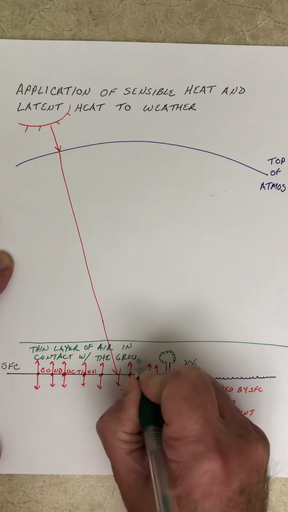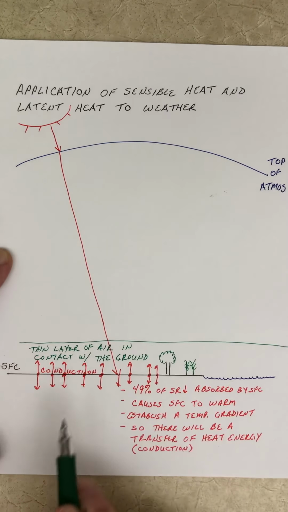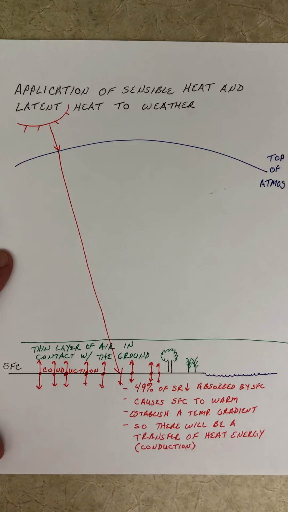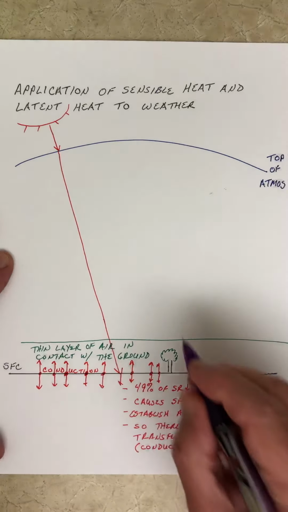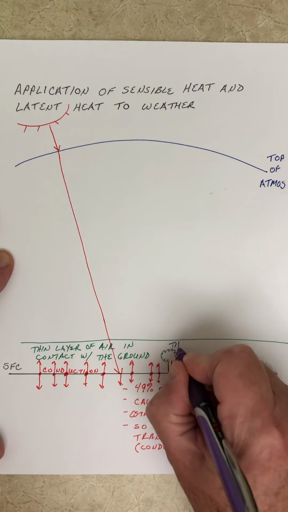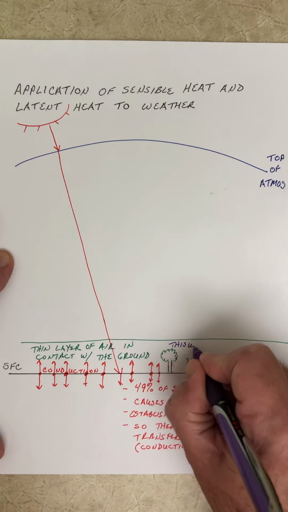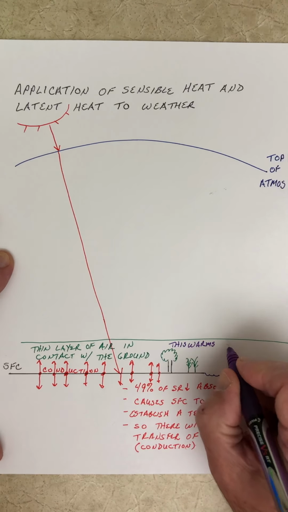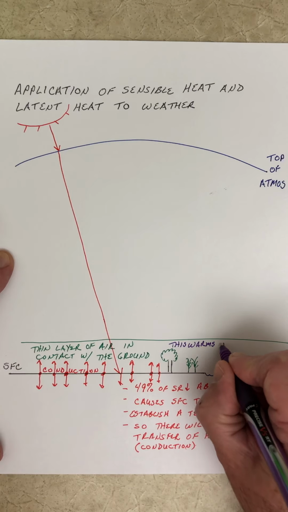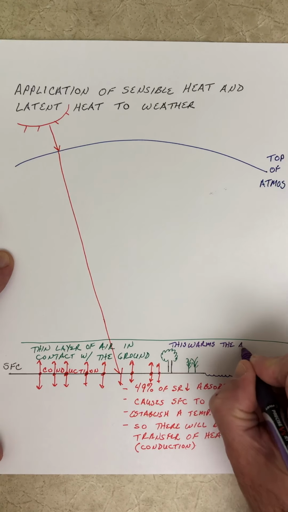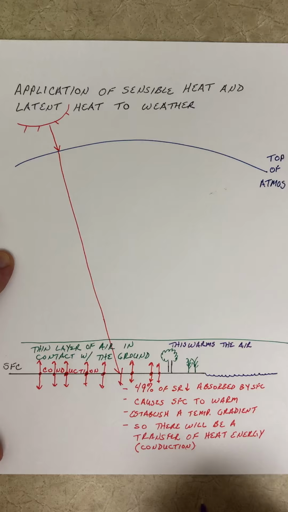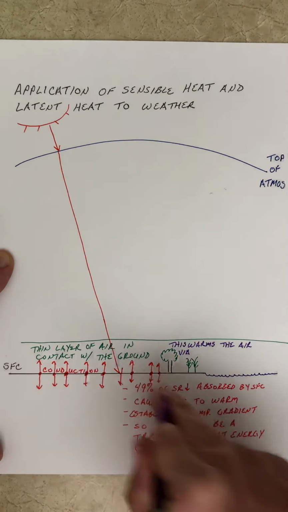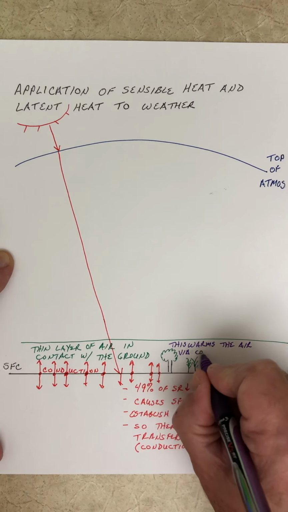So when we conduct that heat energy from the surface into the thin layer of air in contact with the ground, this is going to warm up the air, via the conduction of the heat energy from the surface into that thin layer of air.